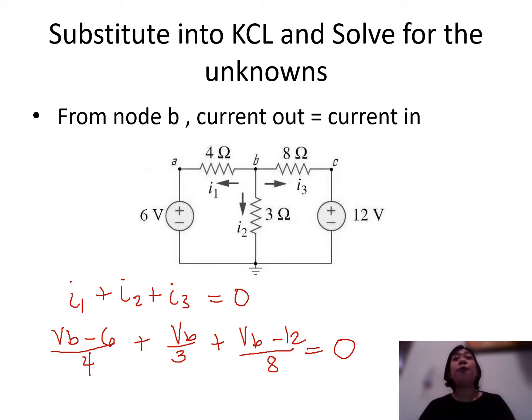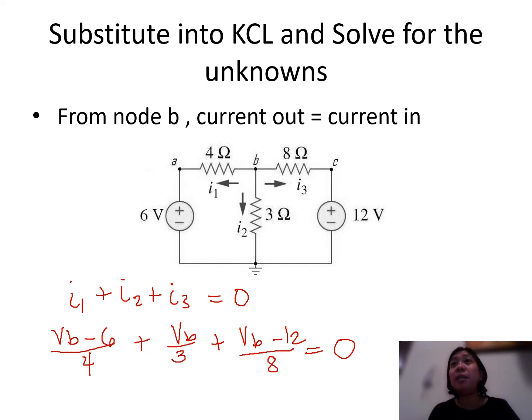But if you're going to make use of nodal analysis, you just need one equation, okay? Because once you solve for VB here, everything else will follow. All you have to do is substitute your value for VB and you can solve for your I1, I2, and I3.